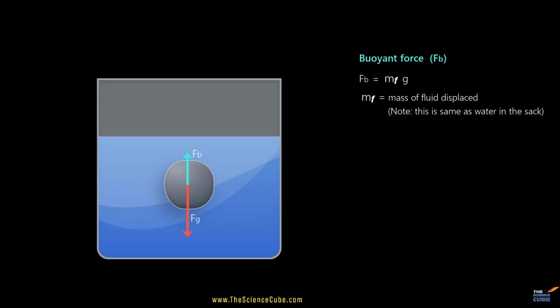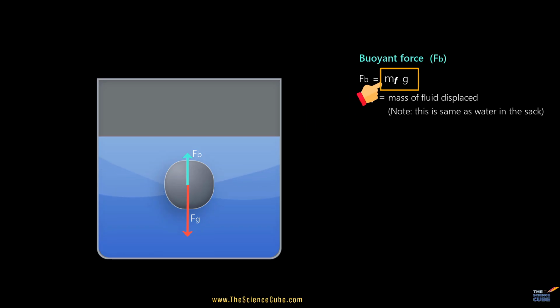The surrounding water doesn't care whether that space is filled with water, stone, or anything else. The forces on the surface depend only on the displaced volume, and so the same buoyant force that acted on the water sack now acts on the stone, that is this, or the weight of the water displaced by it.